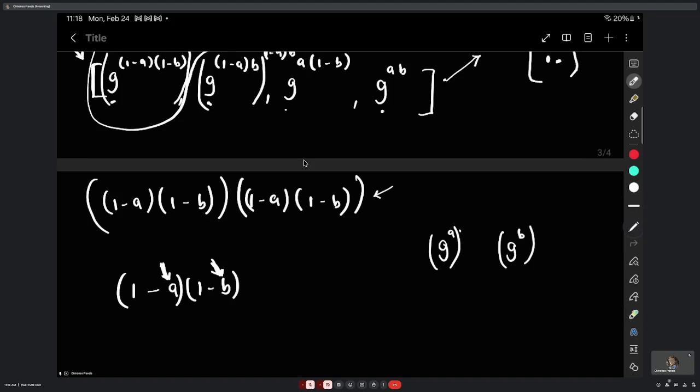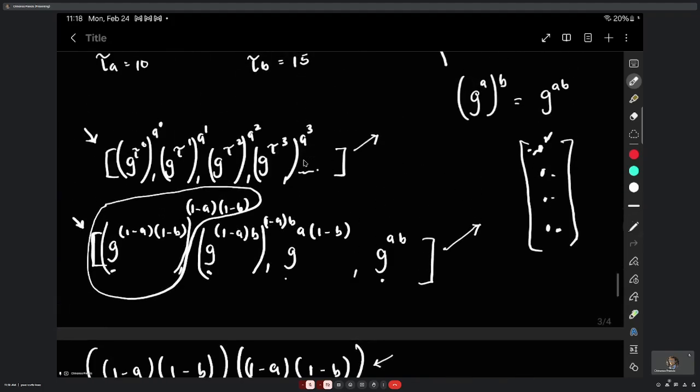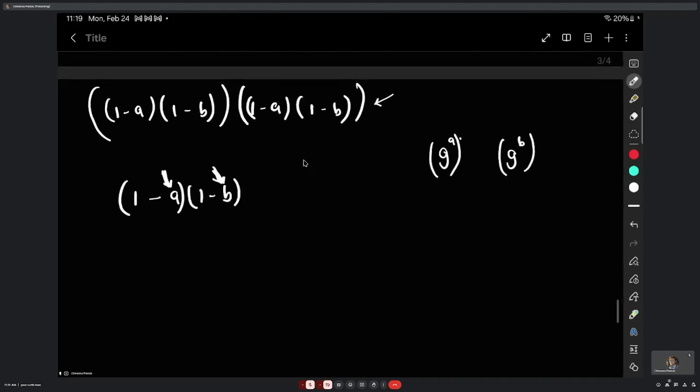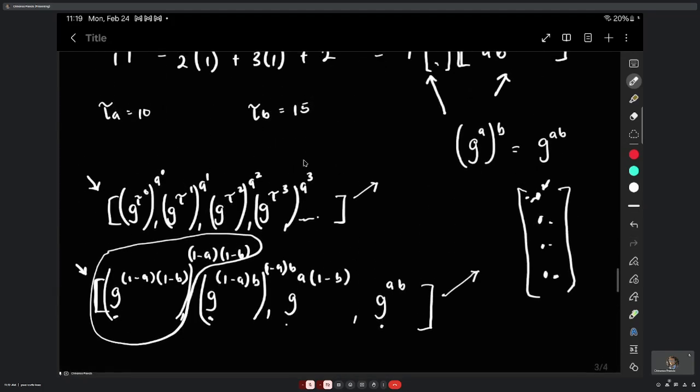But after we've done that separately, in order to get this single element, we need to multiply. So this is going to give us a point, x comma y, and this is going to give us a point, x comma y, by bilinear pairing. That means in order to get this single field element, we are going to require bilinear pairing.